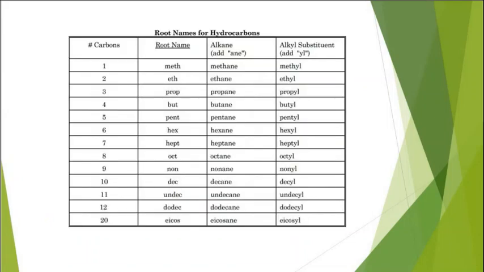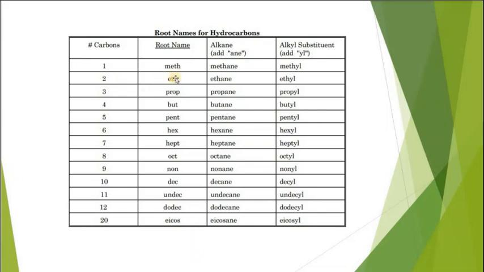If we are going to make them alkyl groups, we will have to keep the root name the way it is. For example, when we have one carbon, it is called methane. We are removing the term "ane" and replacing it by "yl" to make it a methyl. So the root name would remain the same, it is meth.